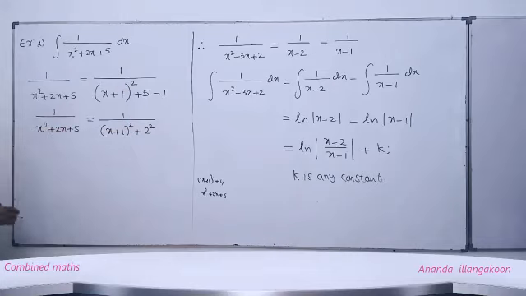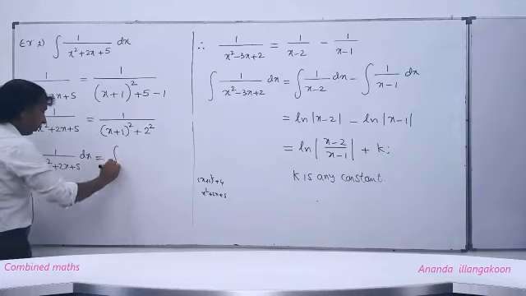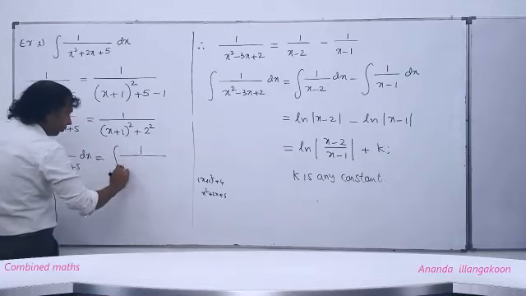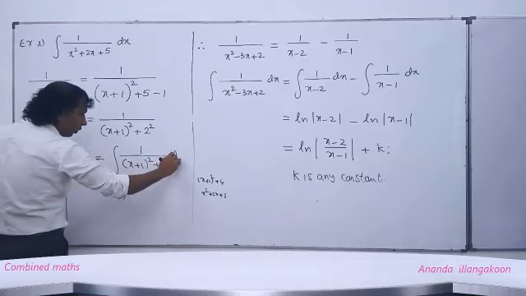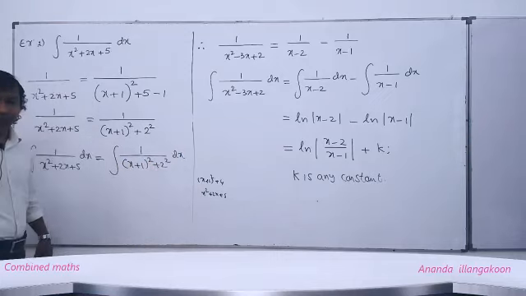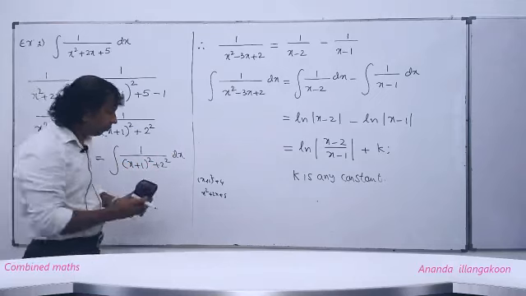The integration of this means, people, this is now equal to this, no? Integration of 1 upon (x plus 1) perfect square plus 2 square dx. Right. Can you remember?